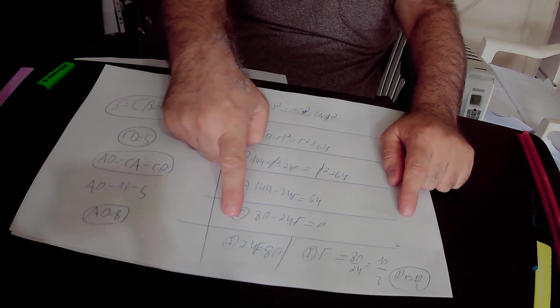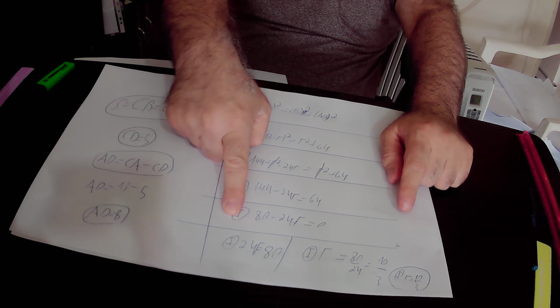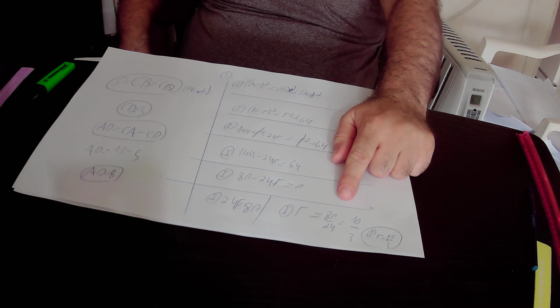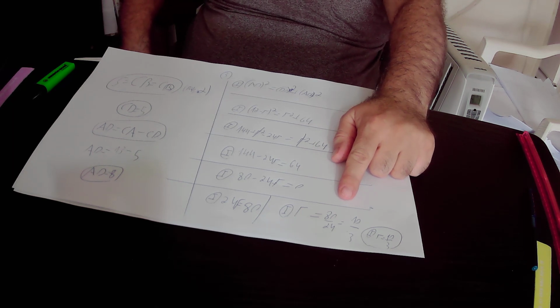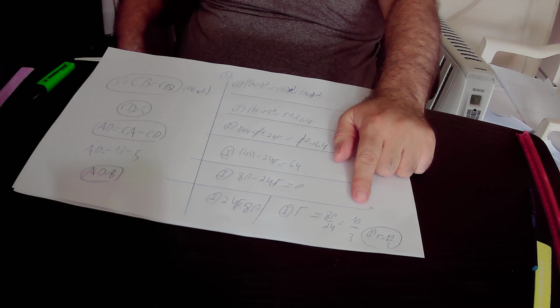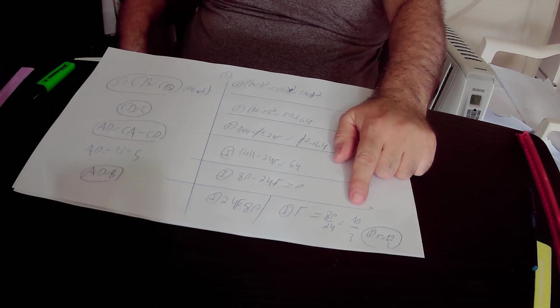We divided the equation by 24, and we got that R equals 80 over 24. We divided both the numerator and the denominator by 8, and we got that 80 over 8 is 10, and 24 over 8 is 3.